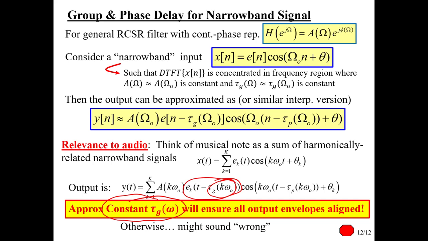I'm just saying it's not necessarily retaining the fidelity and the nature of the note. So if you want to retain the nature of that note, you'd like the group delay to be constant. And you can see I've switched back to continuous time here. All the ideas are the same. And so that's the idea.